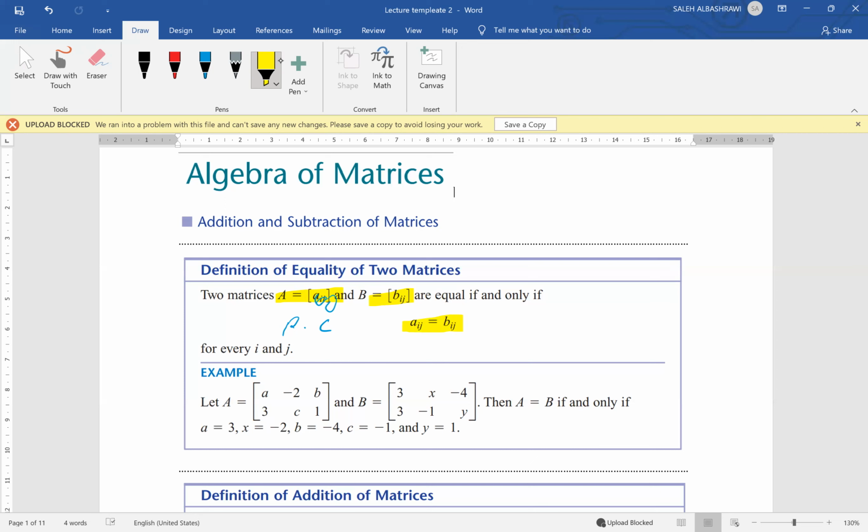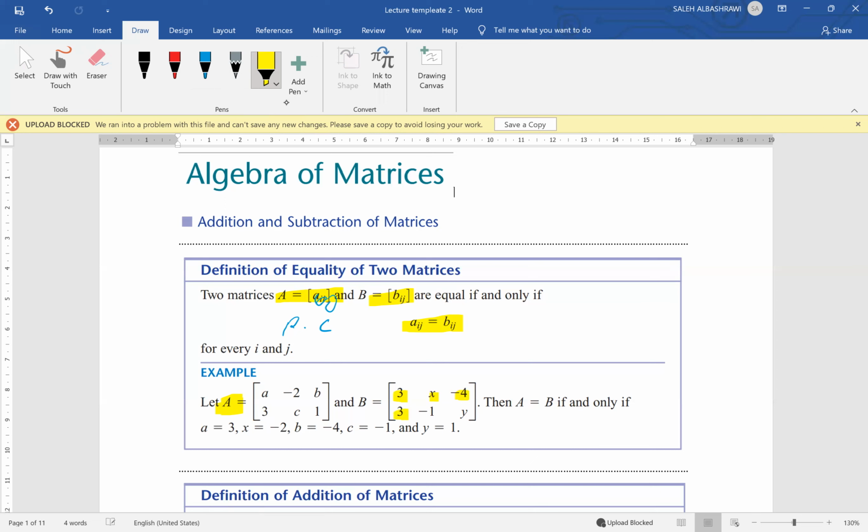For example, suppose that we have this matrix A equal to a, minus 2, b, 3, 3, and 1. And B is equal to 3, x minus 4, 3, x minus 4. This is the first row.